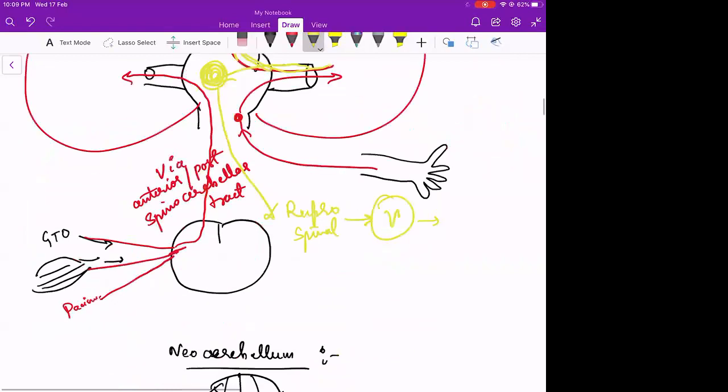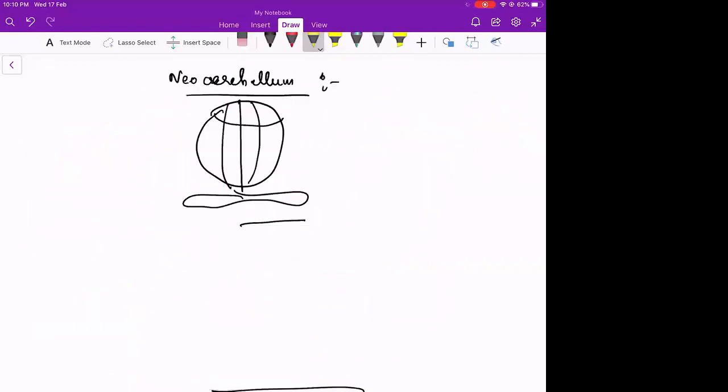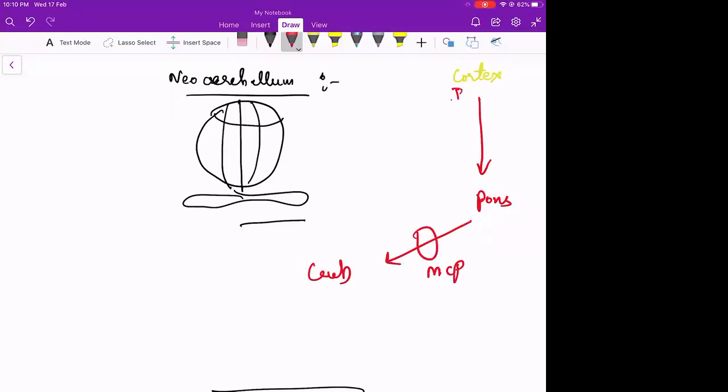Coming to the neocerebellum, the input is mainly from the cerebral cortex. Through the cortex, it will end up in the pons. From the pons, it goes to the cerebellum through the middle cerebellar peduncle. These are the input fibers.